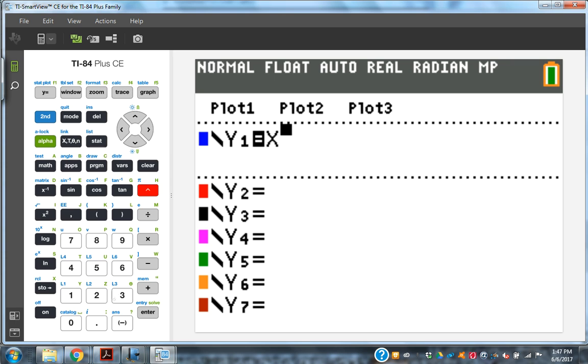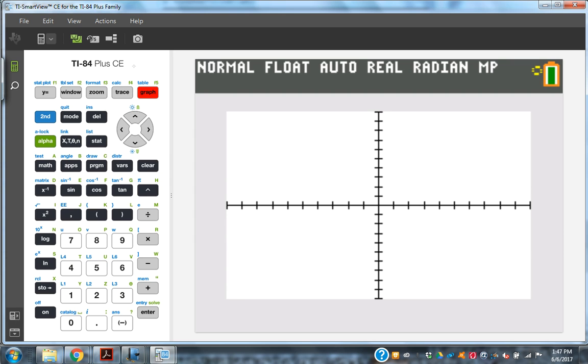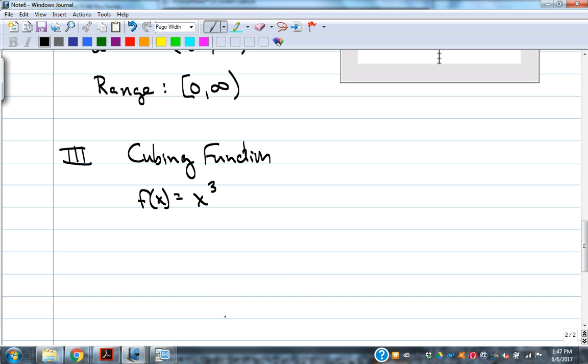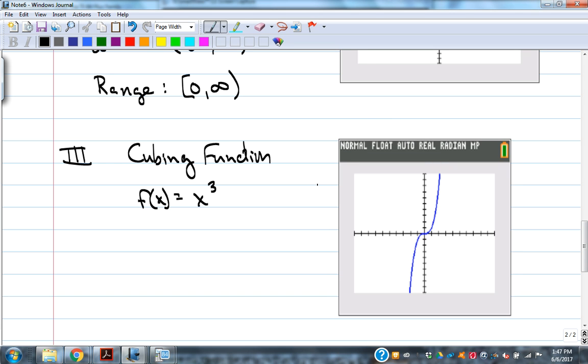X raised to the third. So basically, it takes one side of that squaring function and bends it down. This is kind of what it looks like it does. It's a little steeper, a little more straight up and down than the squaring function is, but that's what happens.